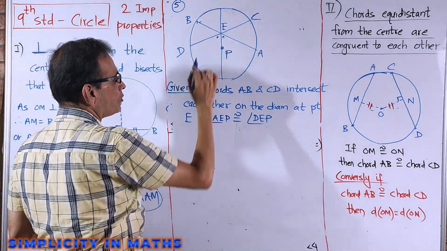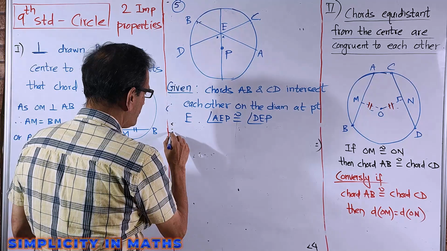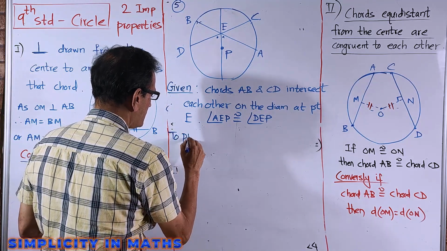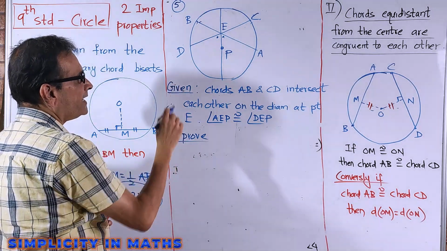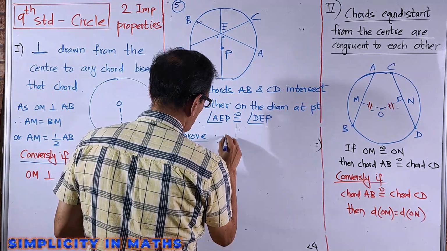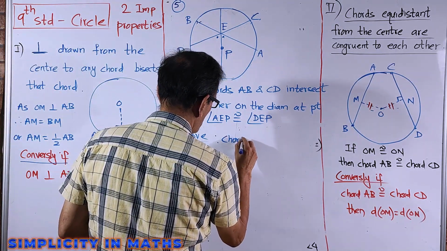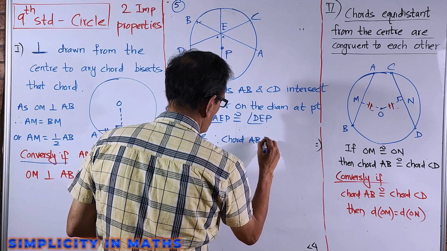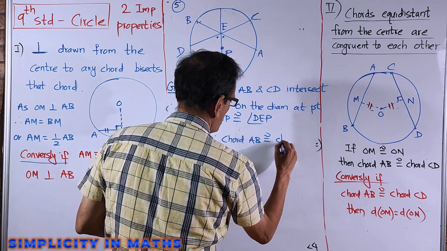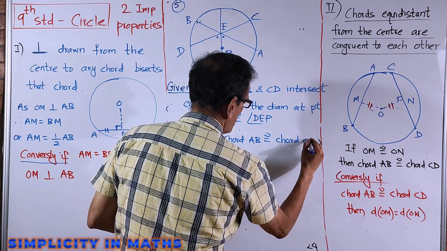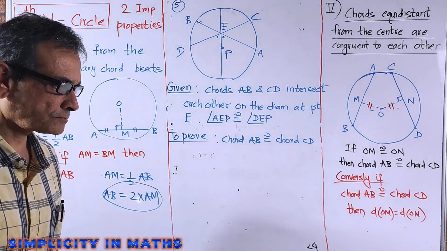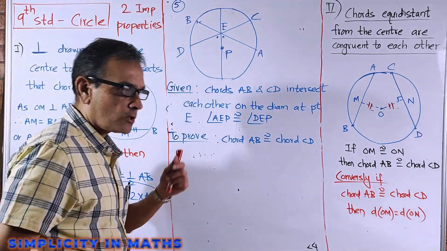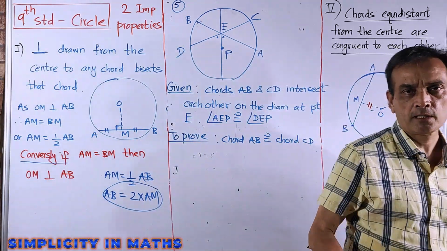These two angles are congruent. What do we have to prove? To prove chord AB congruent to chord CD. We have to prove chord AB congruent to chord CD.